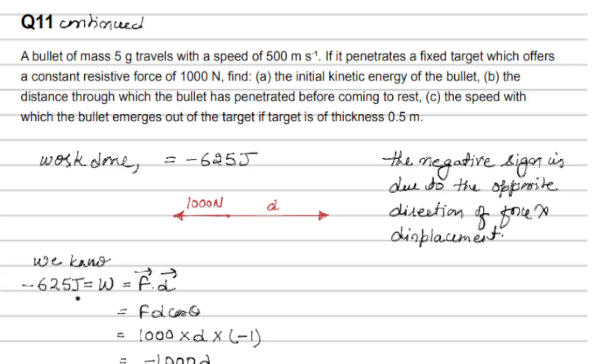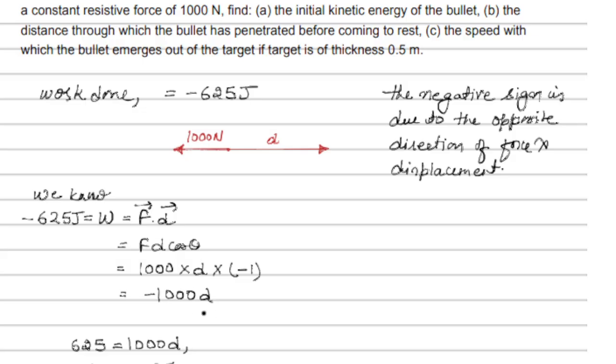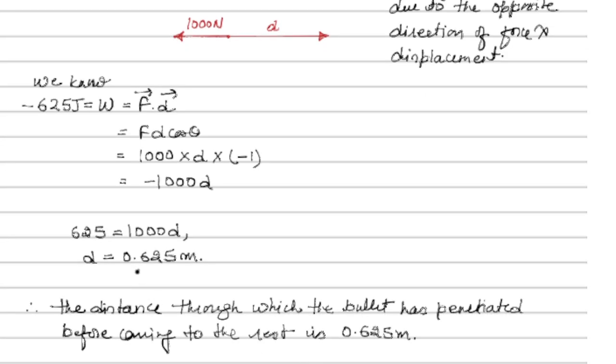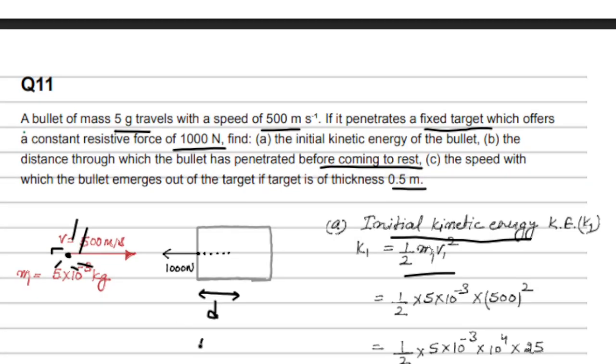So work done is equal to force into distance. This is 180 degrees, so that will be minus 1. So we will get minus 1000 d. We are solving for this distance, and we will get the final answer as 0.625 meter, and then this bullet eventually stops.